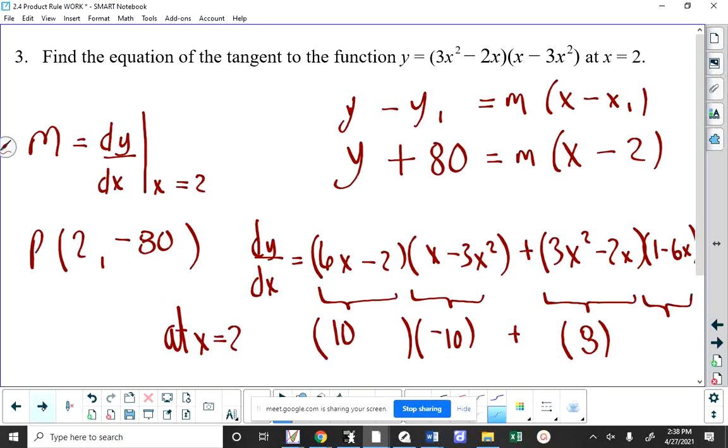And this at 2 is negative 11. But can everybody just confirm those 4 values for those 4 chunks of the derivative? I think so. So we just crunch some numbers here. My God, negative 188. So the slope is negative 188.